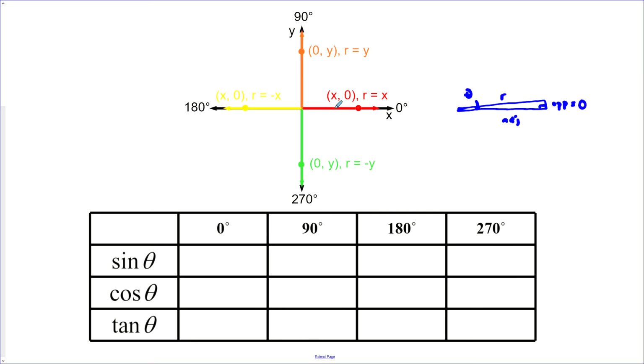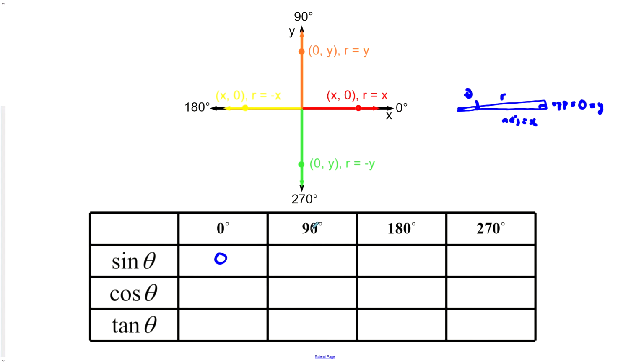That's why we've got whatever x value this is, and the opposite side is 0, or the y value of this coordinate is 0, because the height of this triangle is 0. And then we have that r equals x, because the adjacent side is x. So for our sine at 0, it's just 0 over r, or just 0.